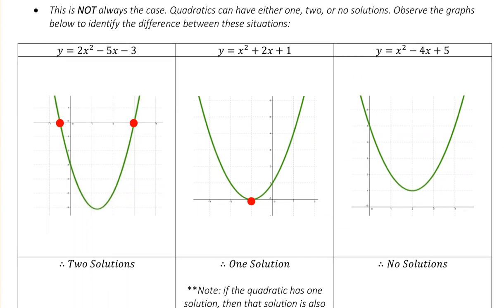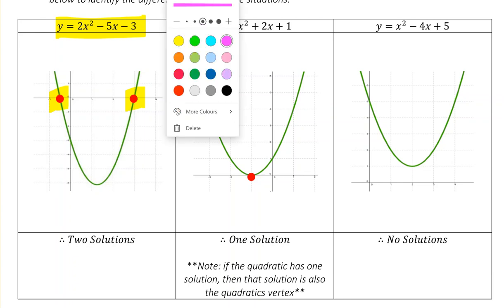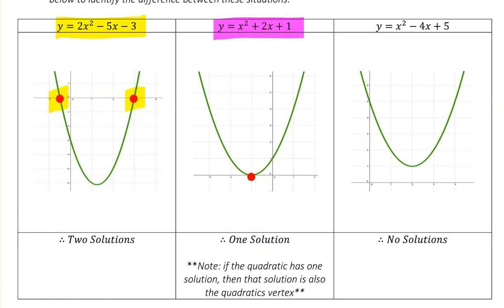If you look at the graphs below, these highlight examples where we see them. So this first example here is another example where we have two solutions. Two solutions meaning we have 2 points that cross our x-axis. We have two zeros, whatever you want to call them. Another situation, and we see that here, would be the fact that we have only one. If we only have one solution, that one x-intercept is also the quadratic's vertex every time.